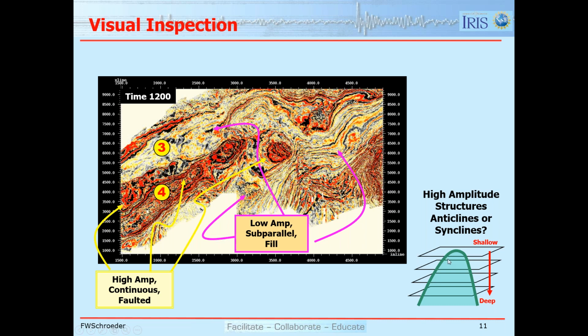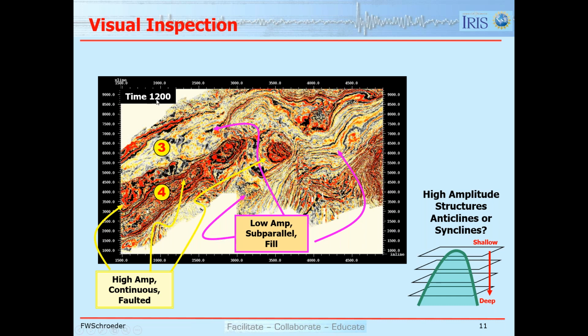The diagram on the lower right says if I have an anticline and I go from a shallower slice to a deeper slice, then these reflection bands, the blacks and the reds, should spread outward. And conversely, if it was a syncline, as I go deeper, they should converge.